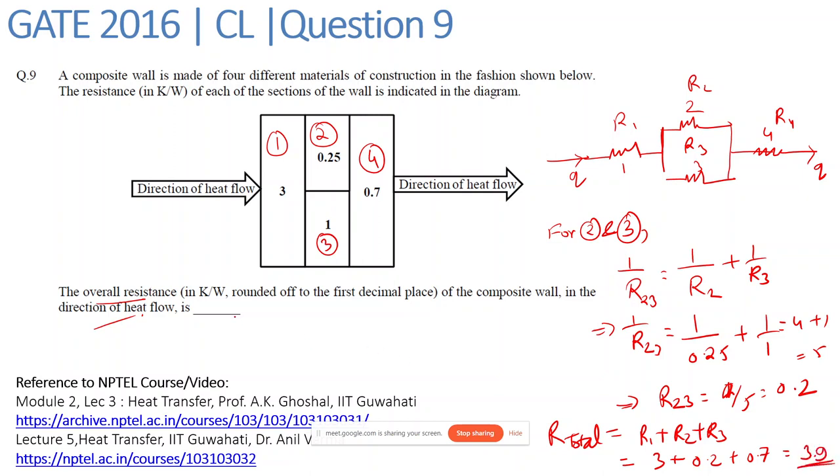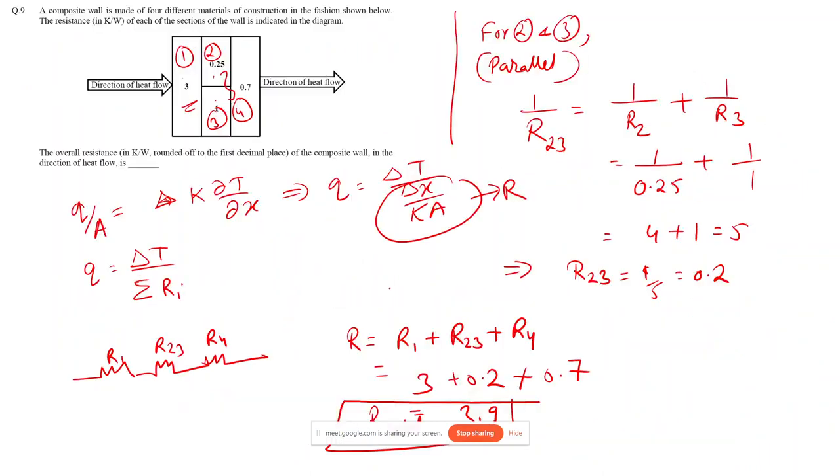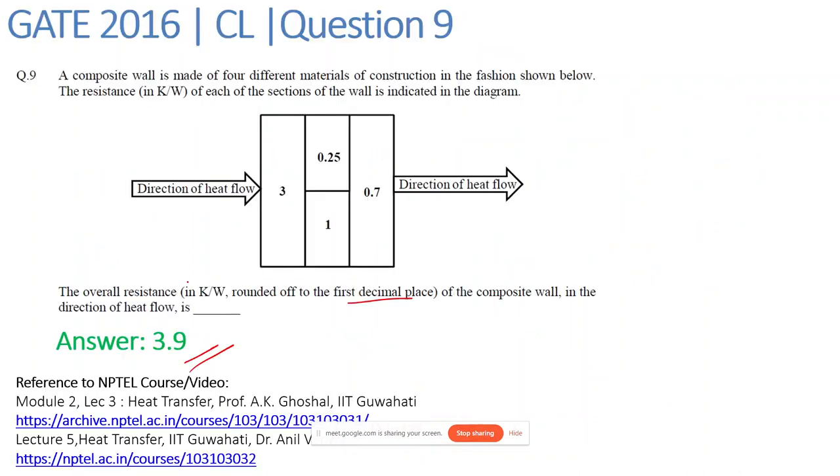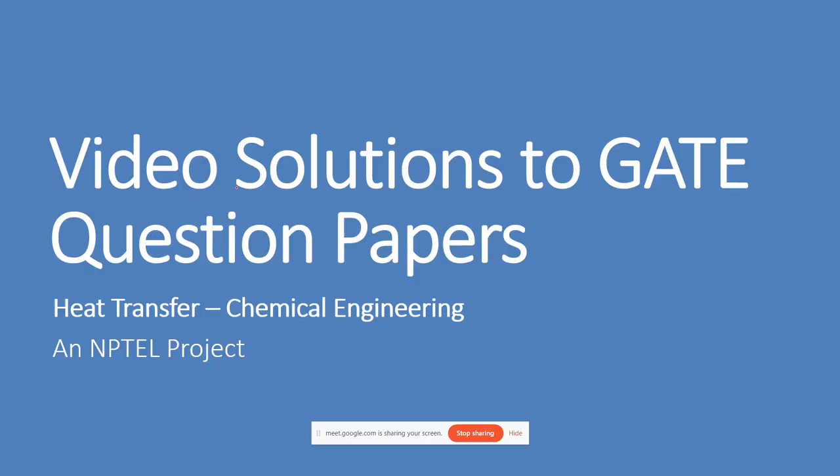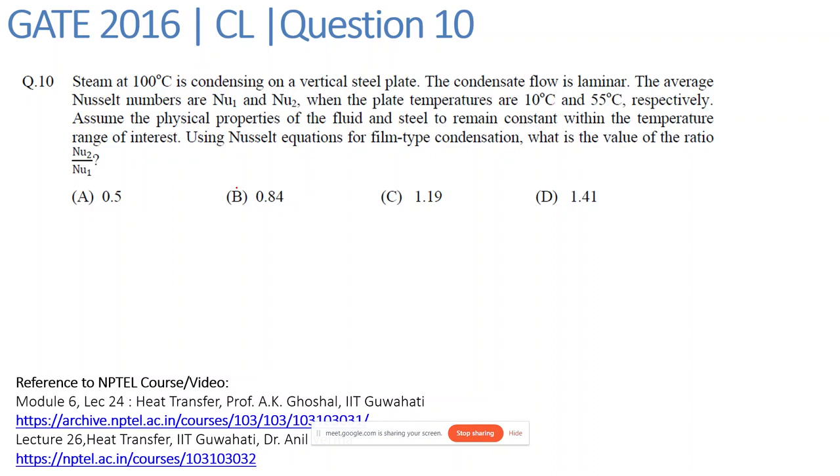We have been asked to round off to the first decimal place, so the final answer is already up to one decimal place, that is 3.9. So yes, we will report the final answer as 3.9. I hope that question was also easy to solve, and now we can move on to question number 10 if you don't have any doubts.